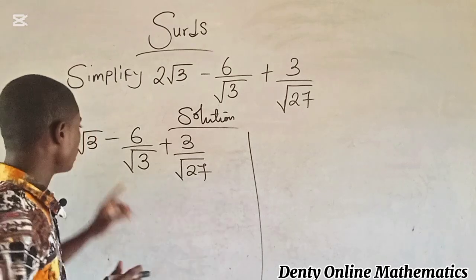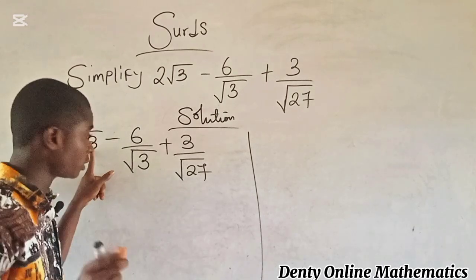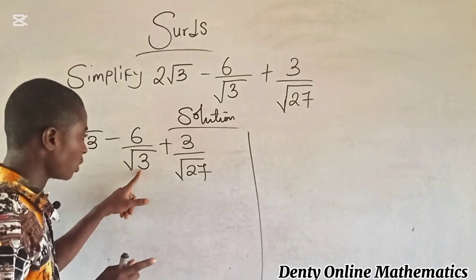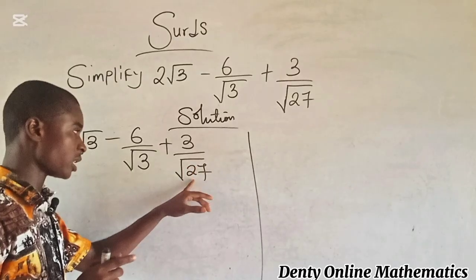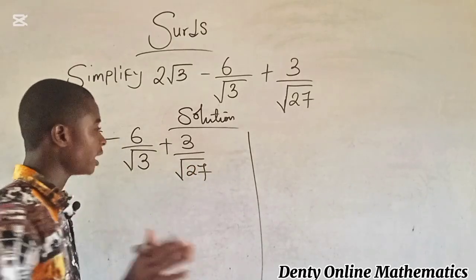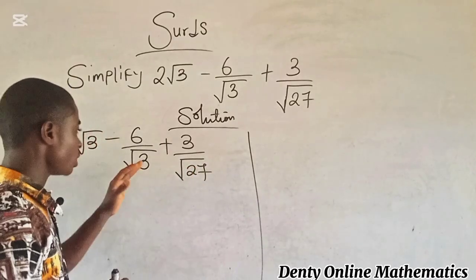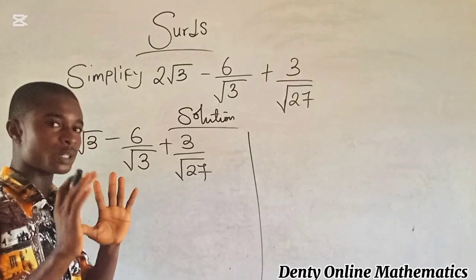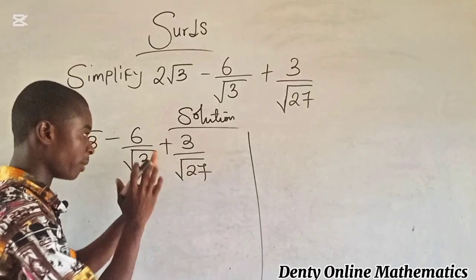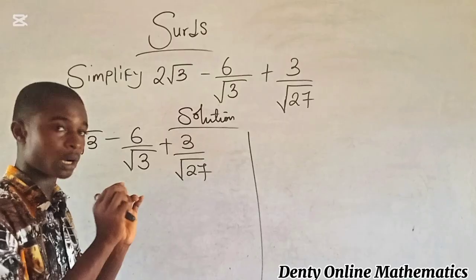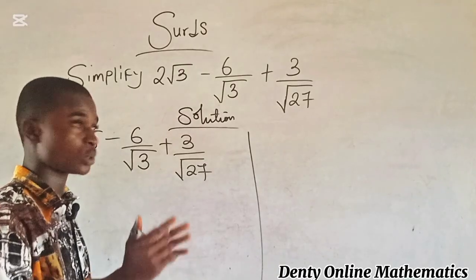If we observe, you see we have root 3, that's the square root of 3. Also have root 3 here also. We have square root of 27, and the biggest number here is 27. This is root 3. So how are we going to break this bigger number down to a simpler number? How are we going to do that?